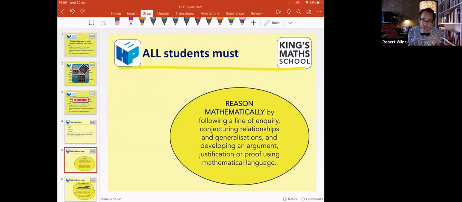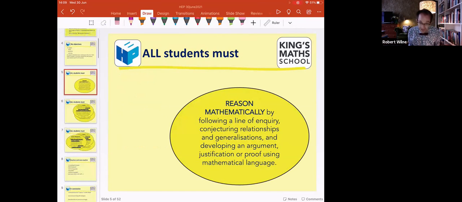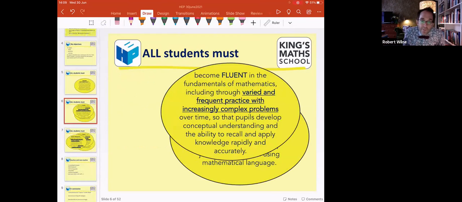As I said last time, for the national curriculum, there are 3 key aspects. All students must reason mathematically, all the time. Reasoning is like vegetables, little and often is by far the best. They must become fluent, and with my emphasis, a way of developing fluency is through varied and frequent practice with increasingly complex problems. So all the time we're thinking about that increasing complexity of the problems.